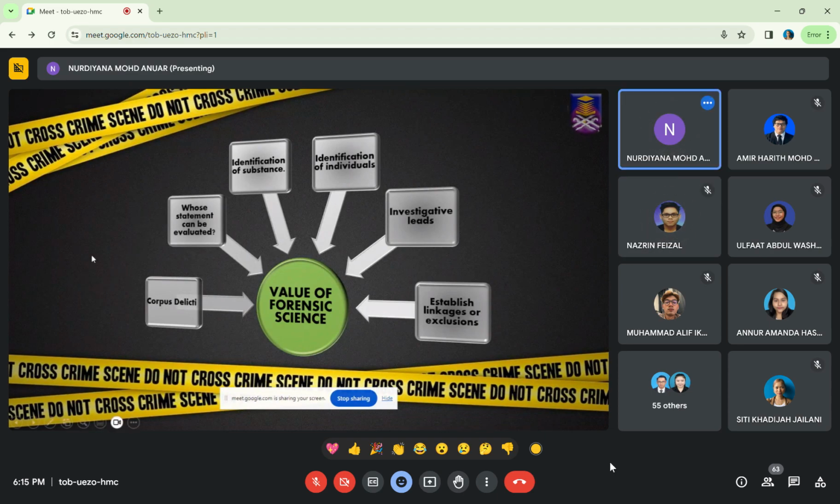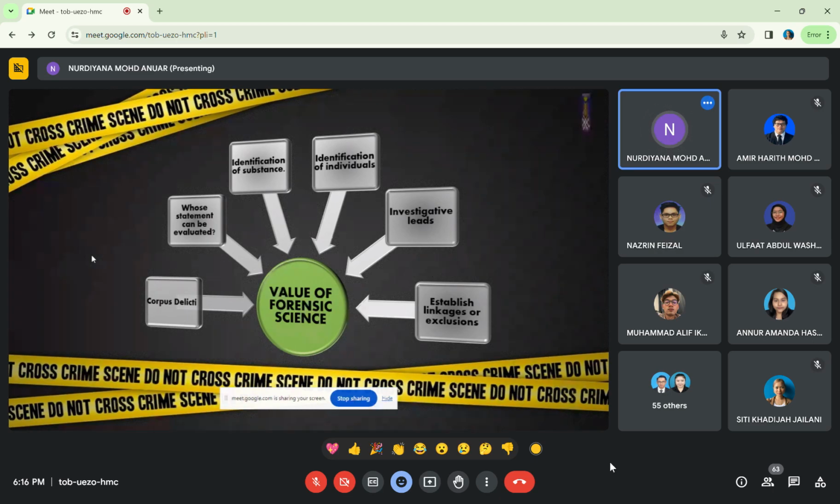Okay, good. So next, whose statement can be evaluated? So we are talking about human. Victims, witness, suspect, semua ni ada tendency untuk bercakap bohong. So victims, mungkin dia bercakap bohong sebab dia takut. Mungkin suspect dah warning, kalau bagi tahu polis, kali ni aku bagi kau hidup, tapi next time habis. Dia akan dibunuh. Mungkin keluarga dia pula dibunuh.